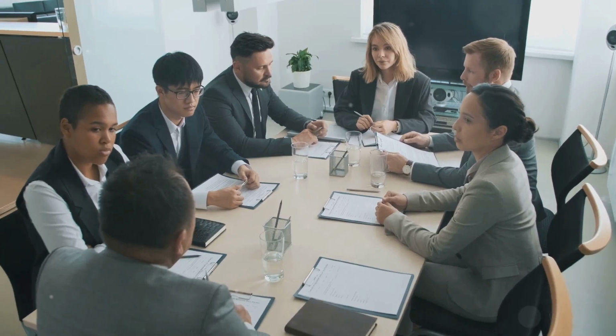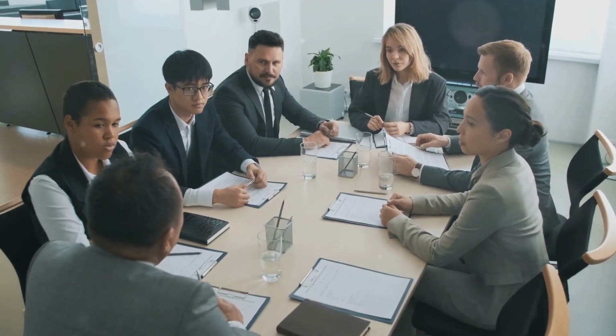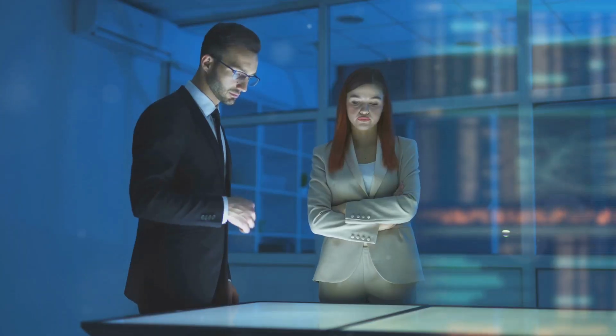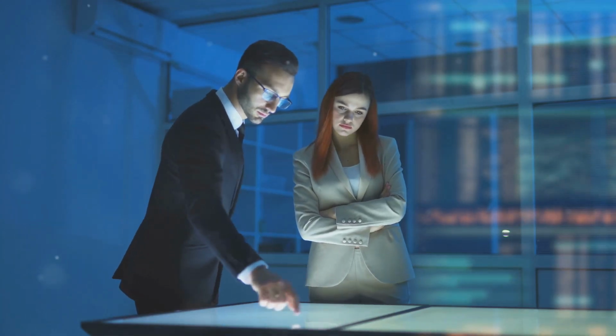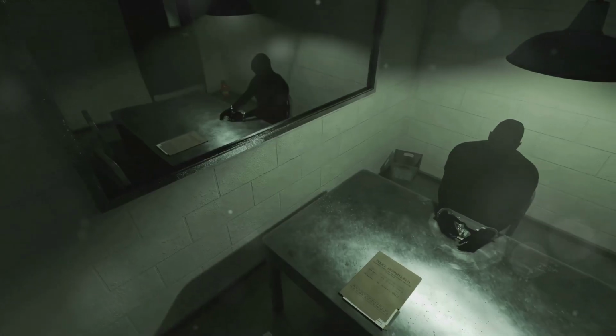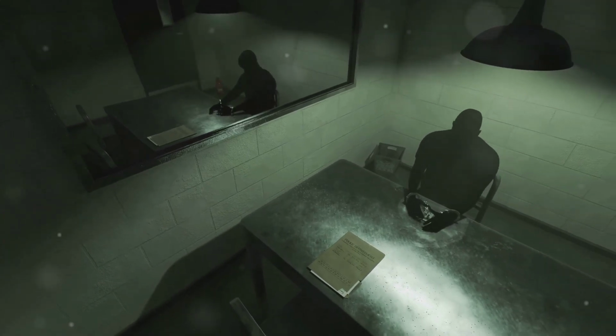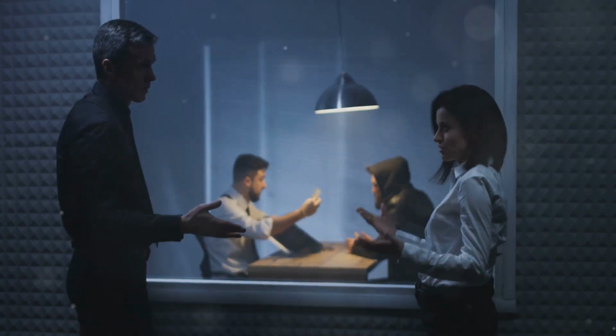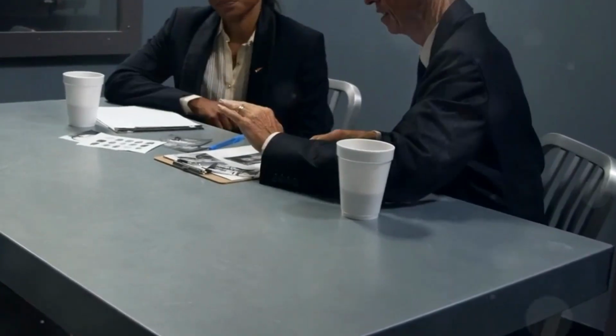Game theory, in its essence, is the study of strategic decision making. It provides a framework for analyzing how individuals or groups interact with each other when the outcome of their actions is interdependent. One of the most famous examples in game theory is the prisoner's dilemma. In this scenario, two suspects are arrested and held in separate cells. The authorities offer each prisoner a deal: betray the other suspect, and go free, while the other receives a lengthy sentence.